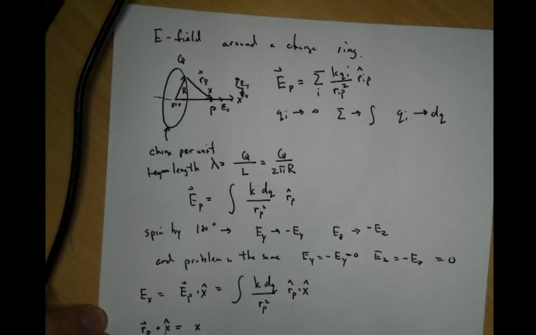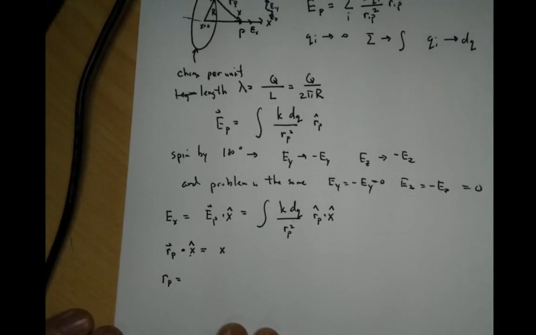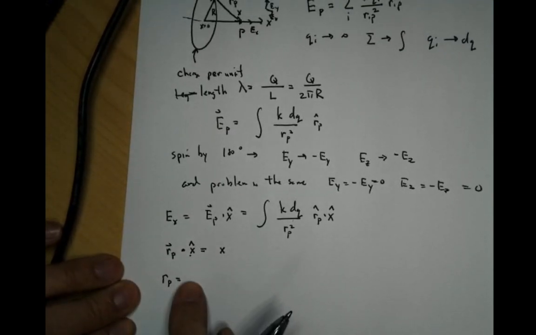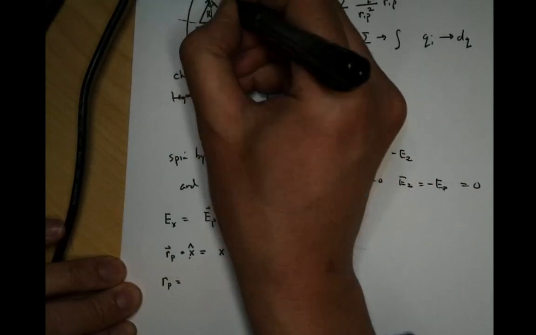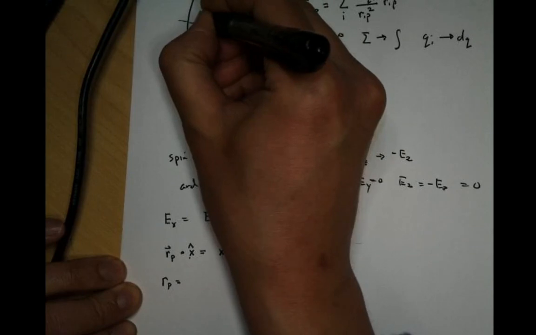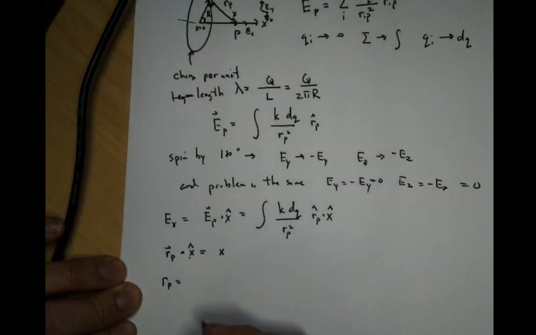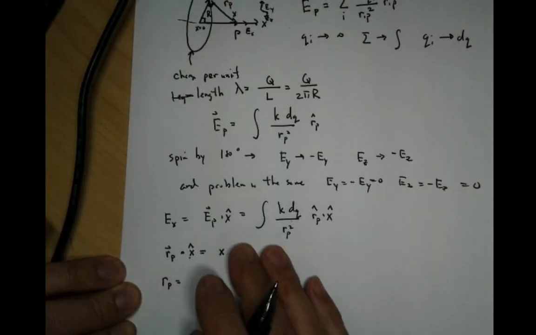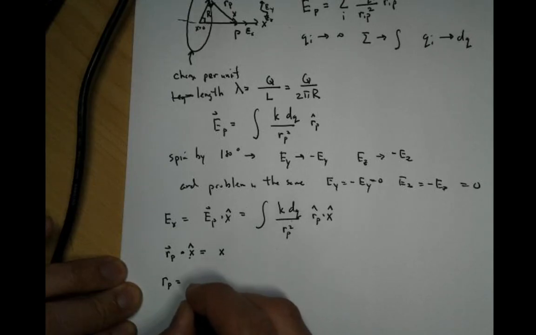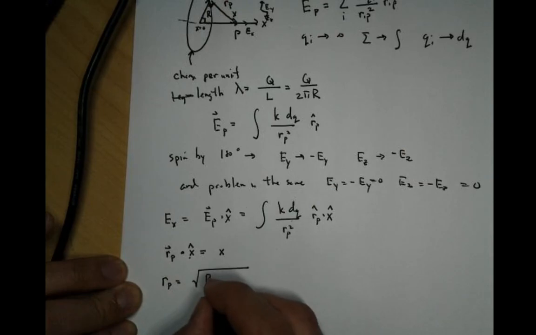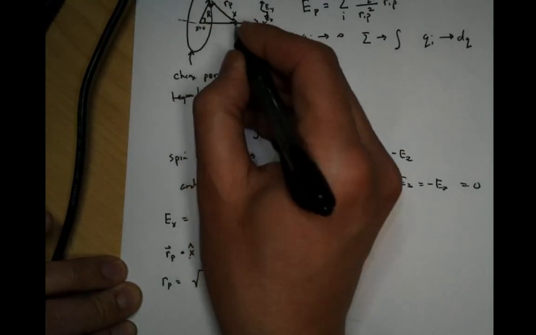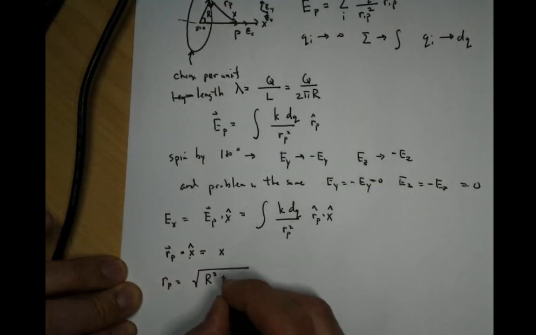Now the second thing is that I need to figure out what r_P is going to be, the distance. Well, this is a right triangle again. So basically this is going to be equal to the square root of, well, one length of the triangle is going to be r squared, and the other length of the triangle is going to be x.